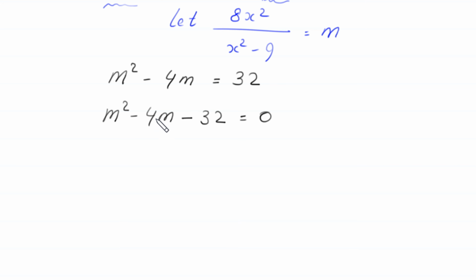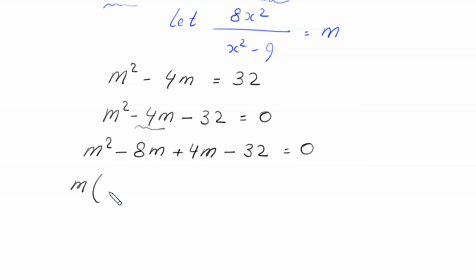And this quadratic equation is factorable. We write this m squared, and we split this negative 4m as negative 8 times m plus 4 times m minus 32 is equal to 0. From these two terms we can factor out m, and in bracket left m minus 8, and from these two terms we can factor out plus 4.